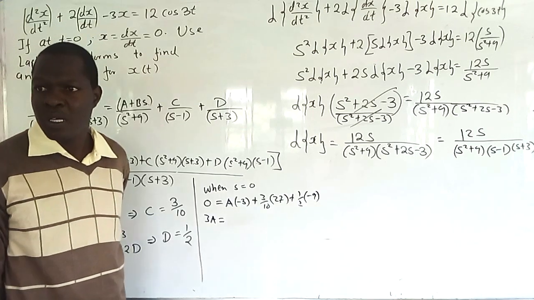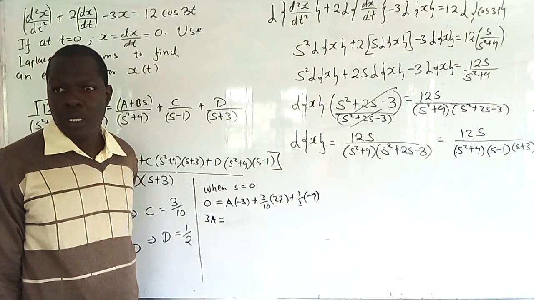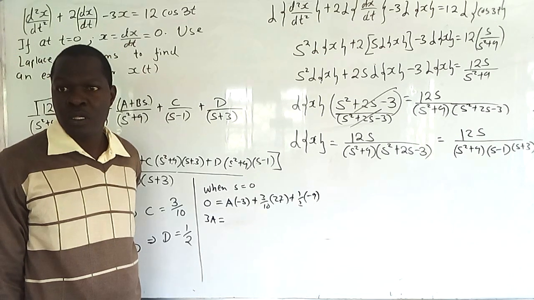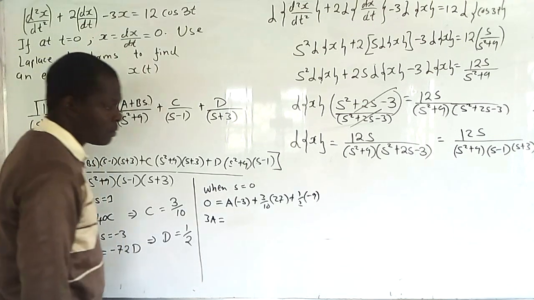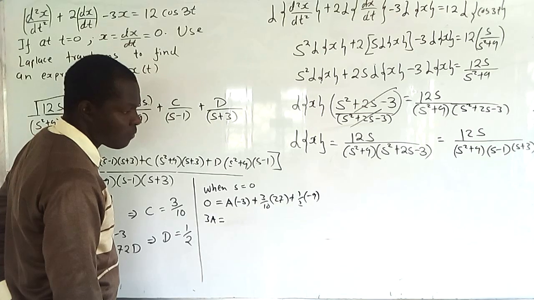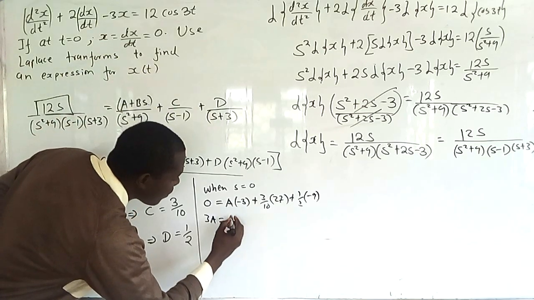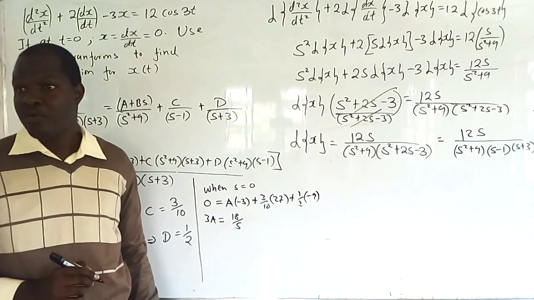What do you have? 3 over 6. 3.6. I want fractions. 18 over 5. Yeah, it will be 18 over 5. So there you have 18 over 5.